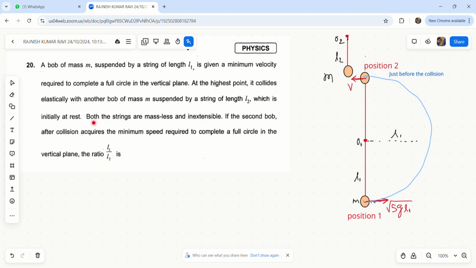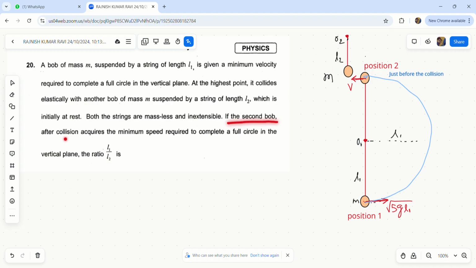Both the strings are massless and inextensible, which means the lengths of the strings are constant and will not change.